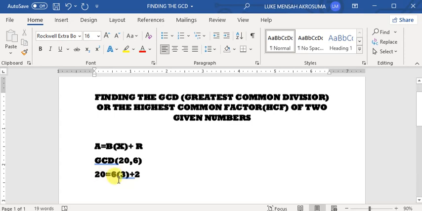We continue by bringing the 6 here down to this side. We therefore bring the remainder down here to occupy the former position of the 6. We then ask how many times 2 will perfectly enter 6, and that will be 3.